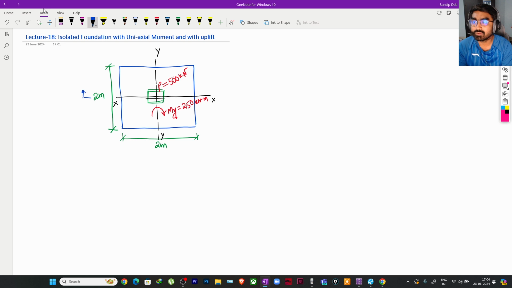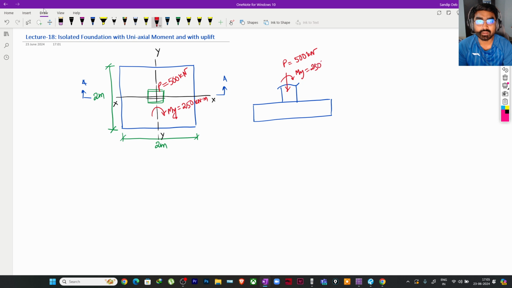Now let us draw a section of this foundation. So this is my foundation and I am having a vertical load of P equal to 500 kilonewton and a moment of My equal to 250 kilonewton meter.